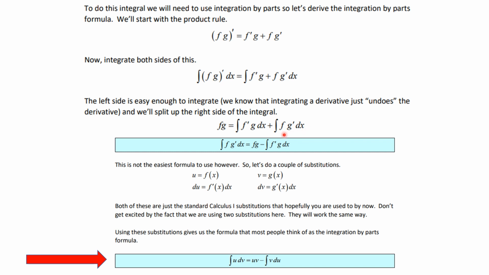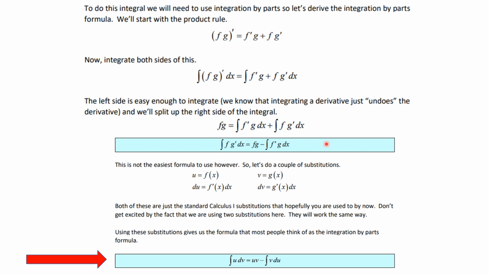If I solve for the integral of f g prime dx, I would move this to the other side, and I get the integral of f g prime dx is equal to f g minus the integral of f prime times g dx. So this is actually the formula for integration by parts, but we often don't write it this way.